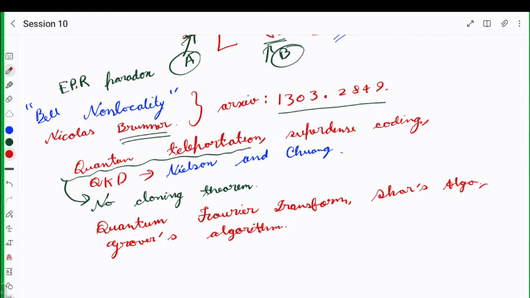And of course, quantum mechanics started with the double slit experiment, but also, let's say, the photoelectric effect and things like that.